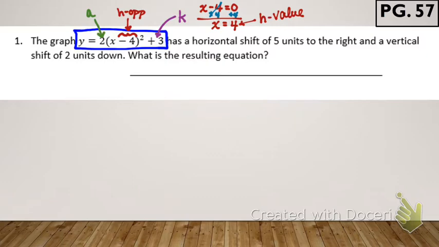Compared to the parent, which way has this been shifted? If H is a positive 4. To the right 4 units, yes. Okay, so this is my starting place. Remember, this is in vertex form.